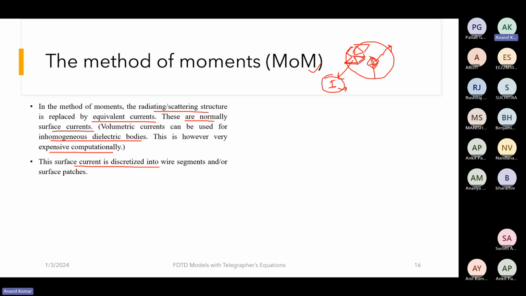The surface current is discretized into wire segments or surface patches. So if it is a 1D structure, we just discretize it like this, and then we solve for currents on these. So this is in 1D, and in 2D and 3D, we use these triangles on the surfaces.